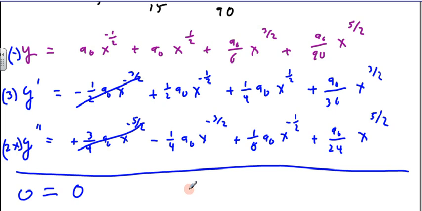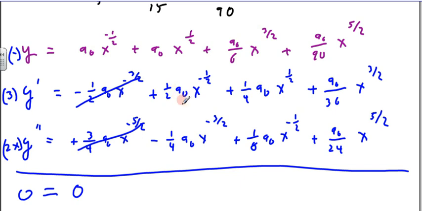And now I'm looking at the x to the minus 1/2 term. I have minus 1, minus 3/2, and then, no, I have plus 3/2.